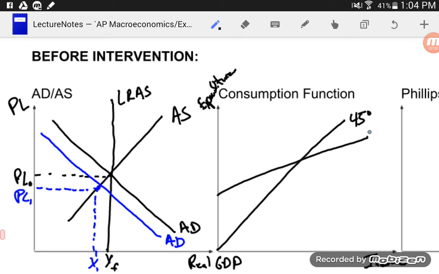something that looked like this. Remember, this was our level of autonomous spending, and this is now our equilibrium, and we had been at full employment, so that was our income at full employment. Well, what happened when consumer confidence fell?